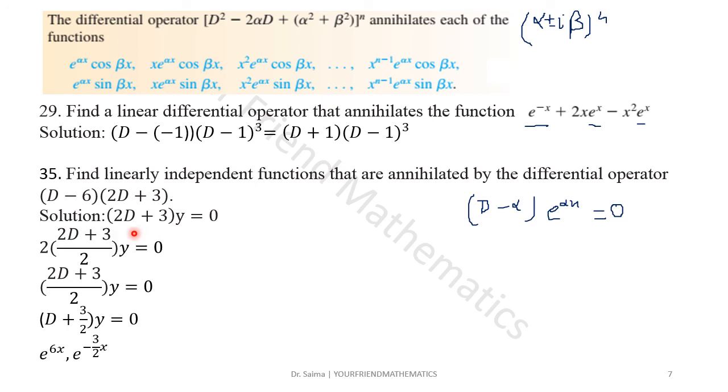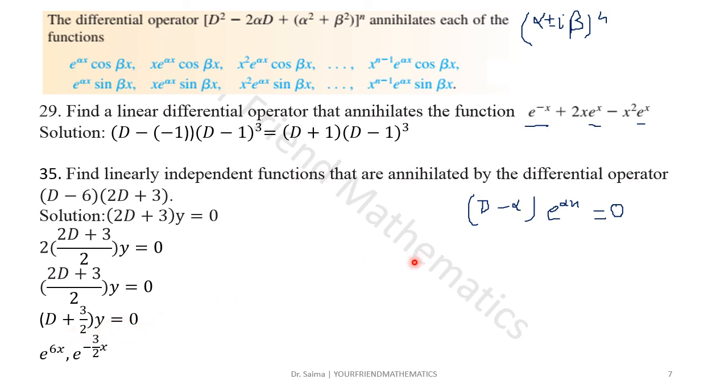To make the coefficient of D equal to 1, we divide by 2, and this 2 goes to the right. Here it's multiplying, so to the right it will be divided. 0 divided by 2 is equal to 0. Now we separate it term by term. 2D by 2 is D plus 3 by 2, y is equal to 0. This means D plus 3 by 2 annihilates y.